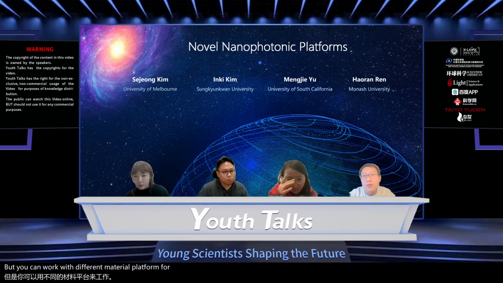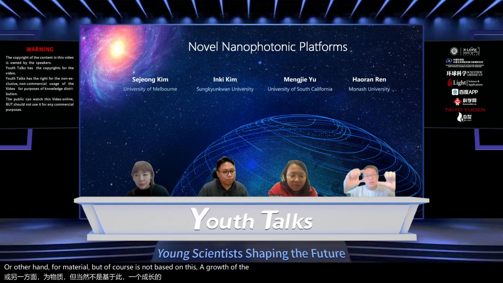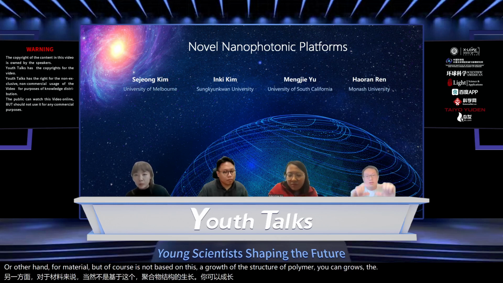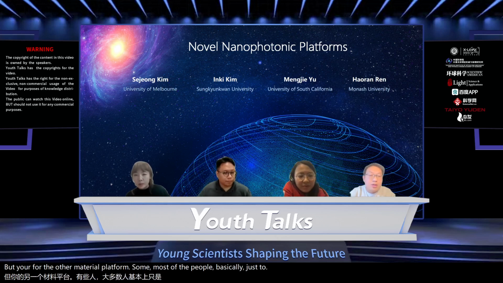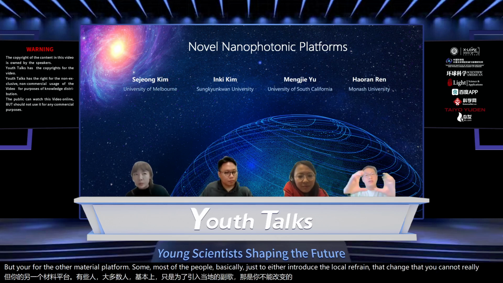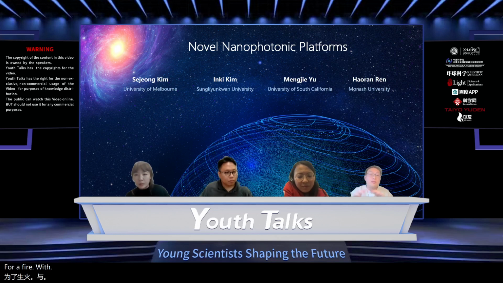For instance, people use the laser to write inside graphene or other high index materials, but of course it's not based on growth of the structure. With polymer, you can grow the structure in 3D in arbitrary form. But for other material platforms, most people just introduce a local refractive index change, so you cannot really define the structure. You can define a 3D refractive index profile, or you basically use the laser as a kind of modifier.